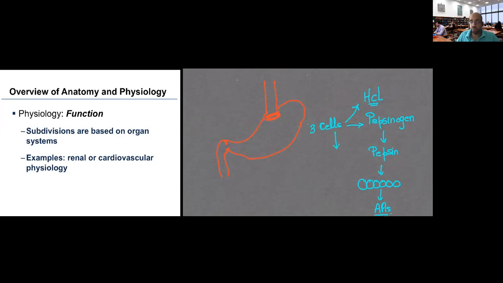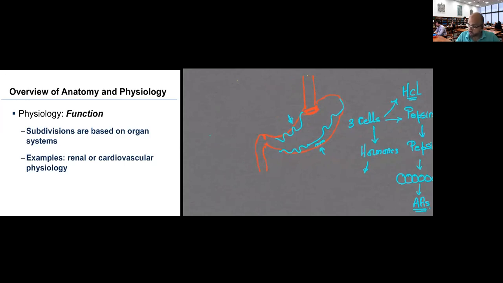I will tell you that we have a 3rd type of cells lining the inside of the stomach, and this 3rd type of cells is going to be responsible to produce hormones, and those hormones will affect the motility of the stomach, how the stomach is going to be contracting, and will be enhancing the secretion of the stomach, as well as stimulating other organs, like for example, the gallbladder in the liver to contract and release the bile that will help with the digestion of the fats.